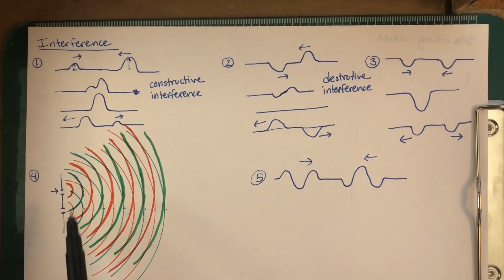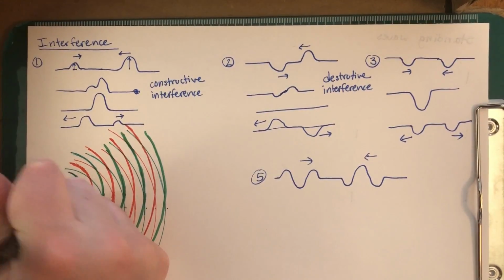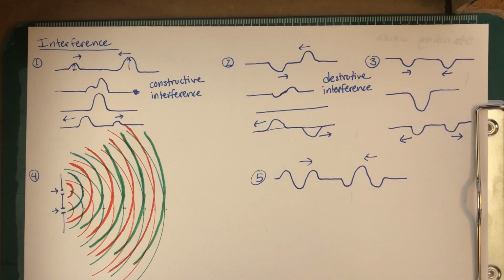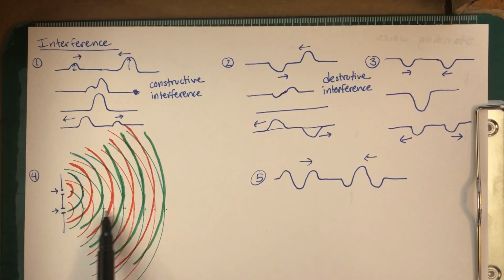And then the thinner lines are the same thing from this location. So we have a peak, a trough, or sorry, the red is a trough, a peak, a trough, a peak. So the thinner red and green lines represent the ripples moving out from this source.